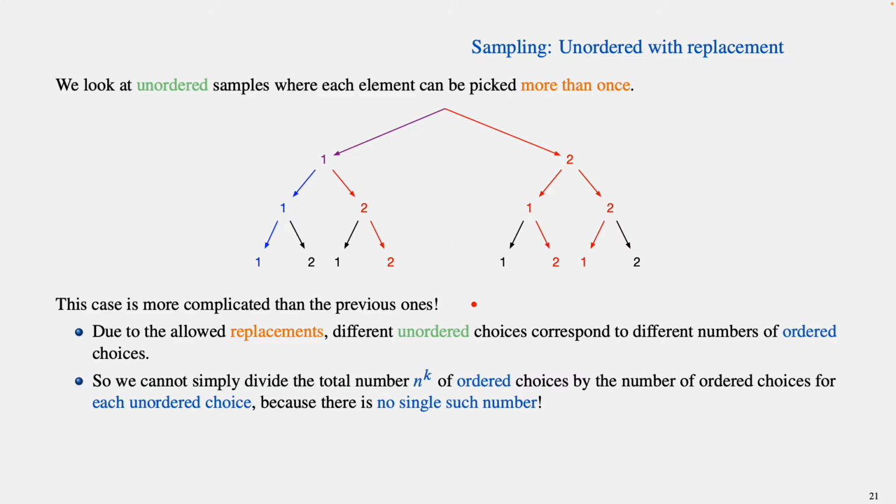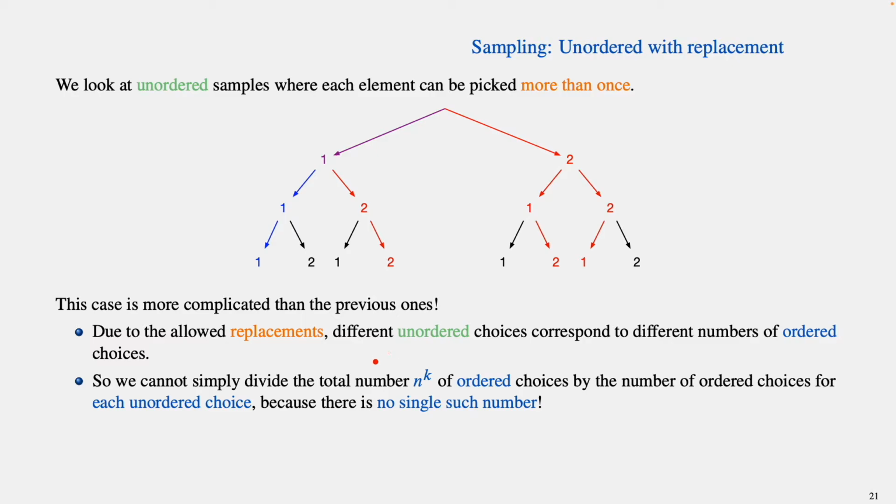But this is more complicated than before, because since we allow replacements, different unordered choices can correspond to different numbers of ordered choices. For example, if we pick three times the 1, then we have only one path here. But if we pick 2 twice and 1 once, then we have 3 paths which realize this combination of numbers.